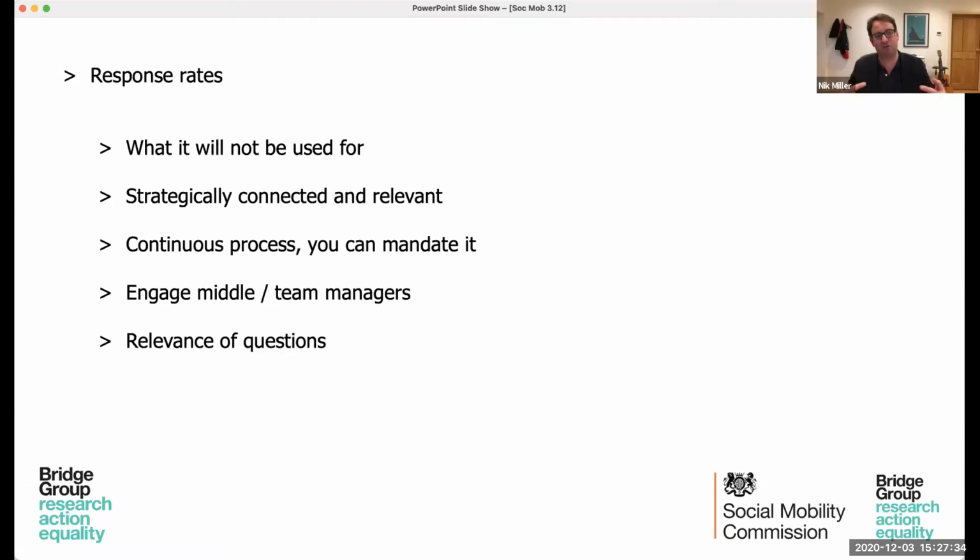It has to be strategically connected and relevant. If you go out to your workforce out of the blue and ask them what their parents did when they were age 14, you're unlikely to get a huge response. If it's connected to your purpose and it's something as at Compass that you've been talking about for many, many years, people are much more likely to respond. What will you do with the data? What will it change?